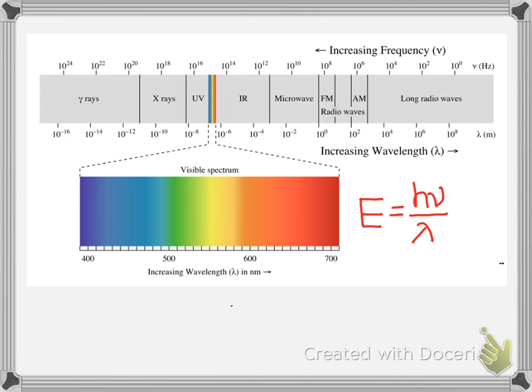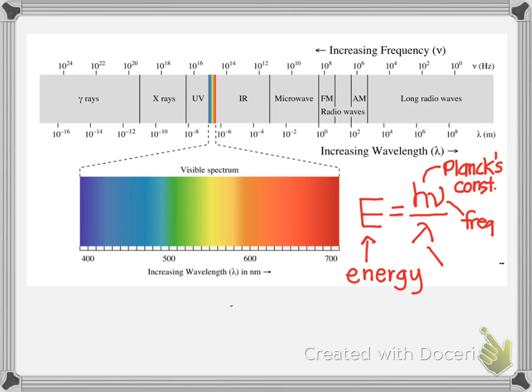The energy of that photon, E here is energy, is related to a constant, named after a person. It's called Planck's constant. We have this frequency on the top here, and then here's lambda, the wavelength of the light.